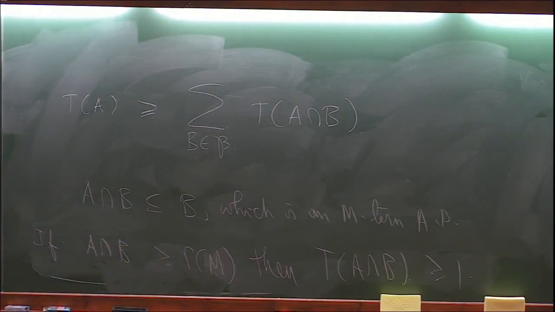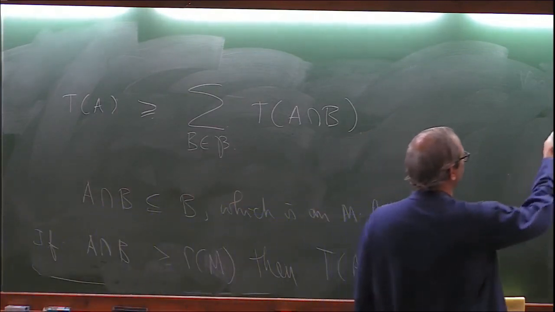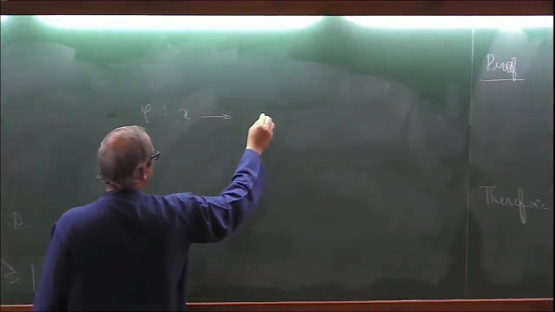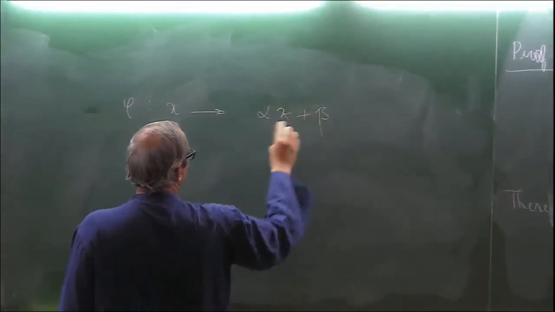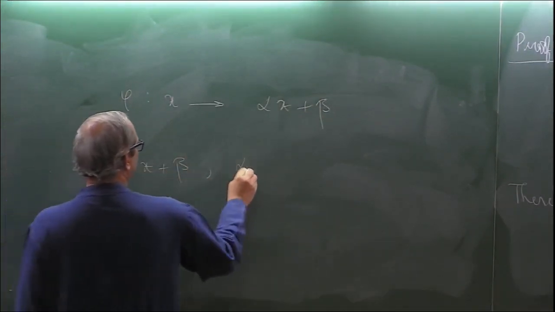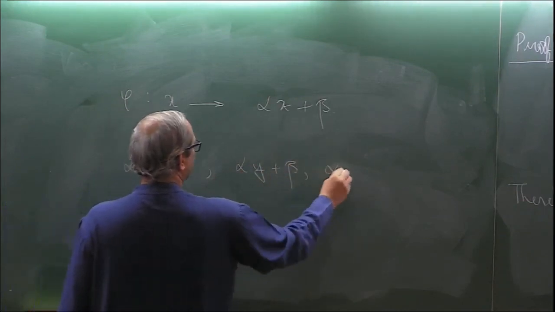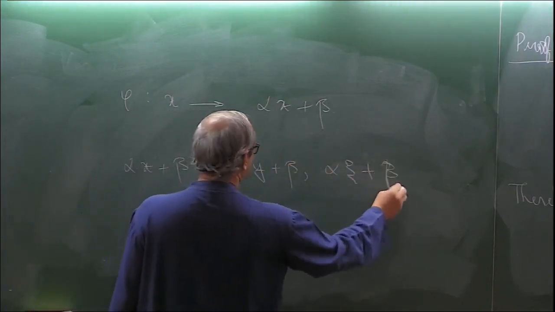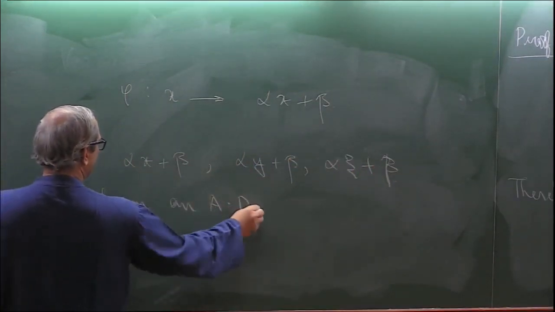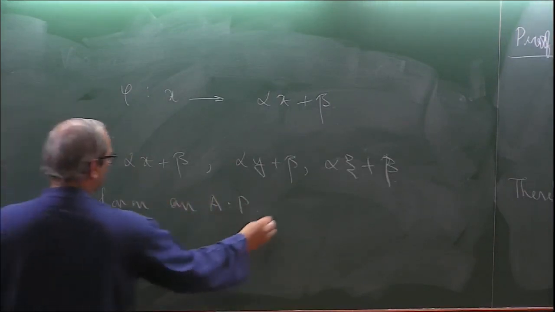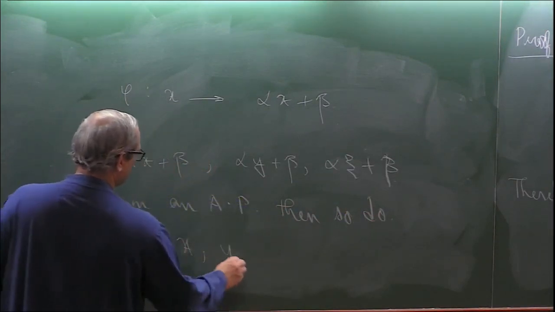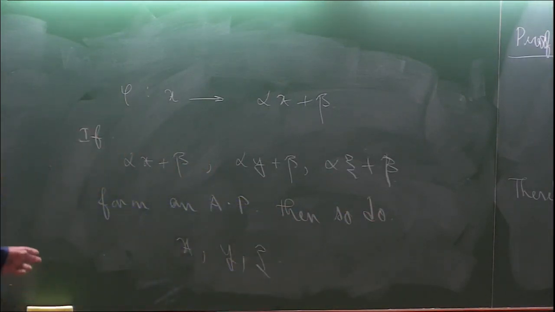If you have a homothety phi like this, which sends x to say some alpha x plus beta. What I'm saying is if alpha x plus beta, alpha y plus beta, and alpha z plus beta, if these three form an AP, then so do x, y, and z, right?